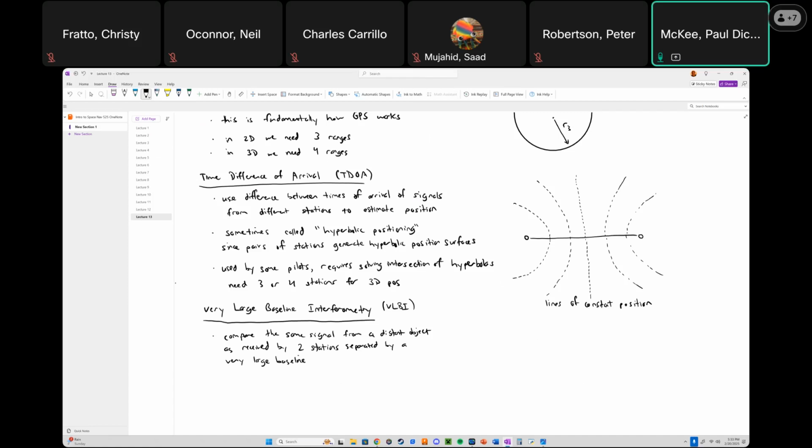And ultimately, we're not after distance, we're trying to determine direction. This is typically done with stations separated by a significant fraction of the surface of the Earth.